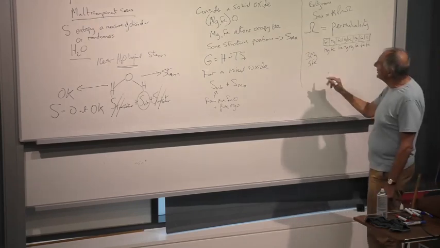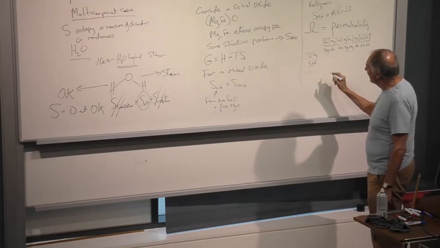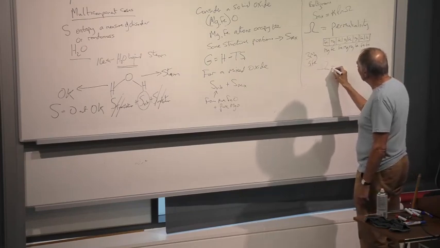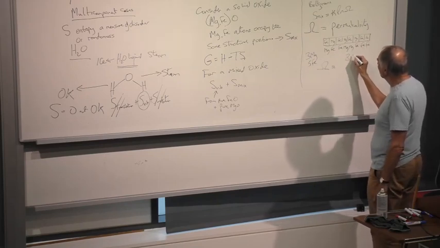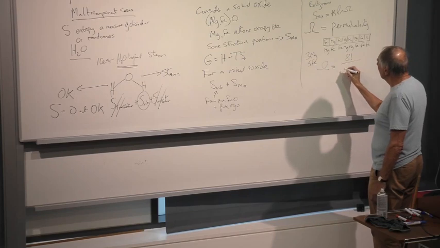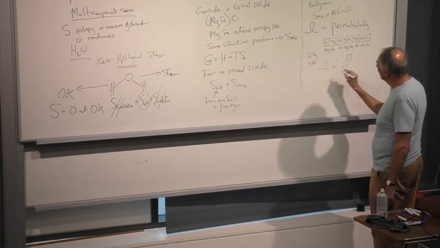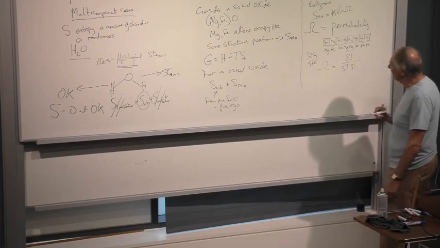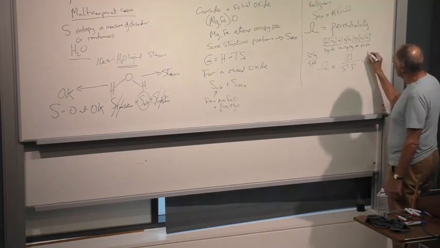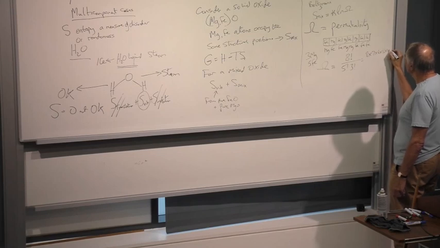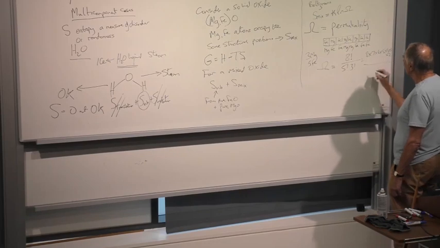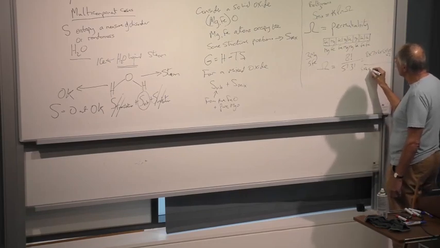But in this case, of 3 magnesiums and 5 irons, the permutability is equal to 8, which is the total number of atoms, factorial, over 5 factorial, the number of irons, times 3 factorial, the number of magnesiums. And that equals 8 times 7 times 6 times 5 times 4 times 3 times 2 divided by 5 times 4 times 3 times 2 times 3 times 2.